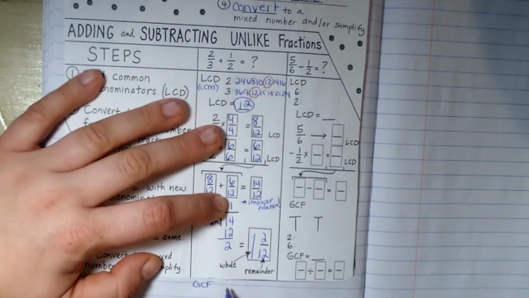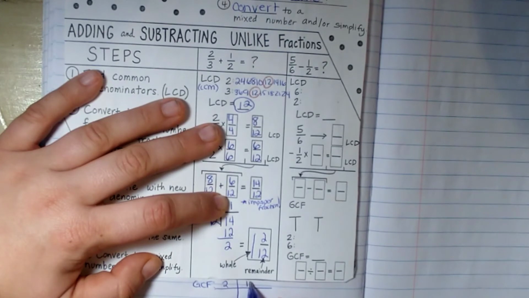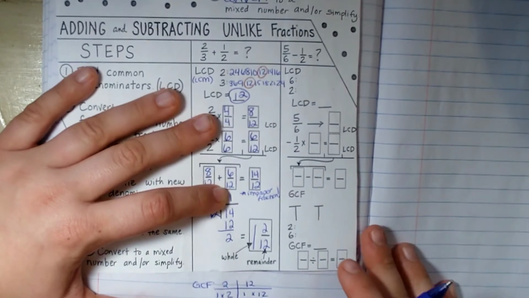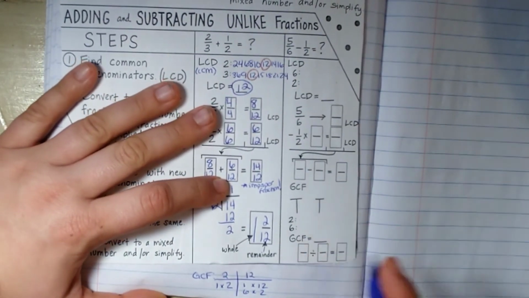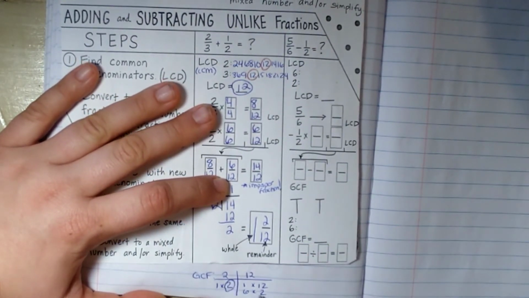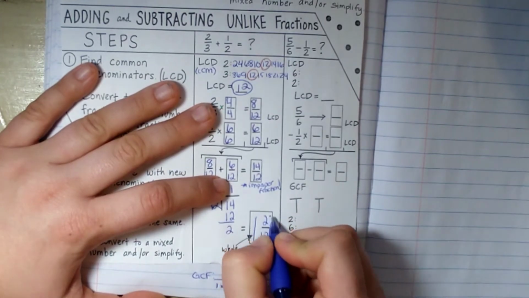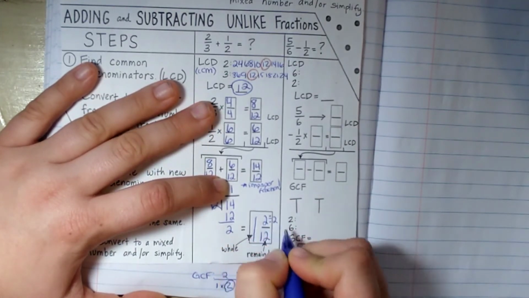Now, how do I know that? If I was to write my greatest common factor of what I can multiply together in order to get 2 and 12, I could divide these numbers by 2 to get a new fraction. That would be to simplify.